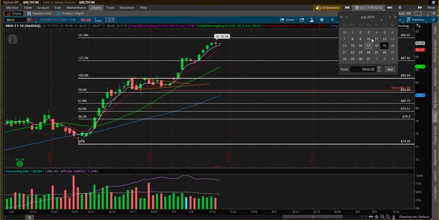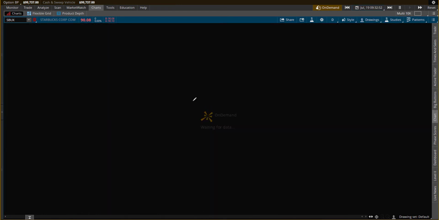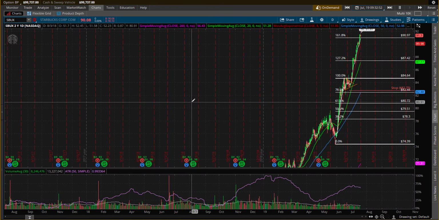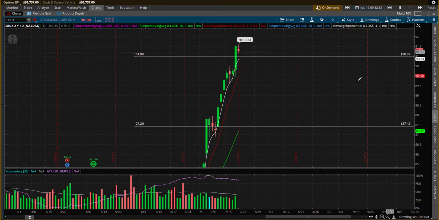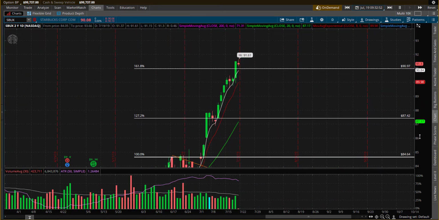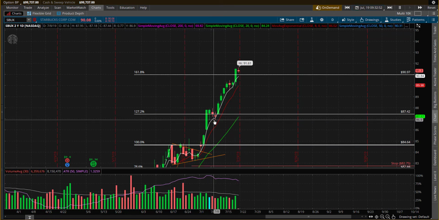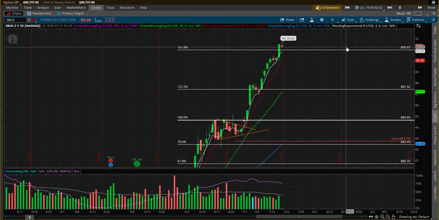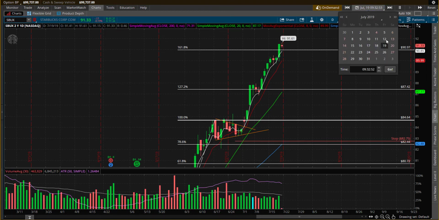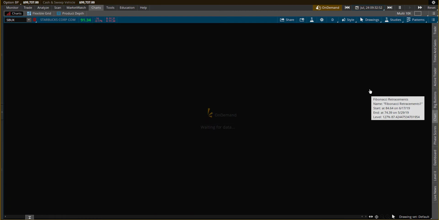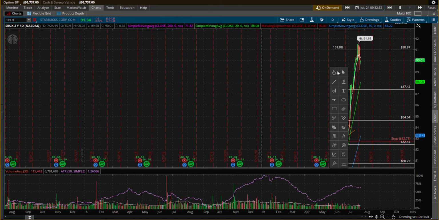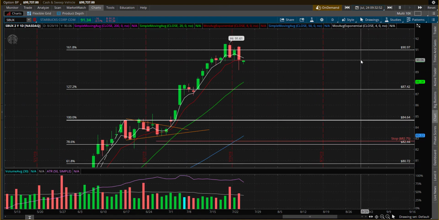I'm starting to come over. Let's see. So right here, you can see was another bear flag. Next week. Okay, so now we're below the 8 EMA.